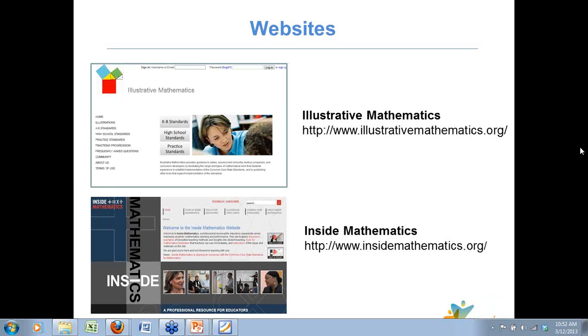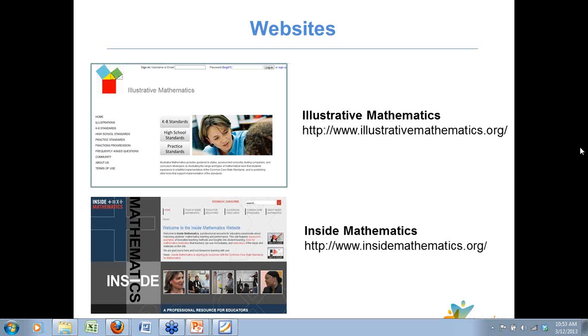In fact, the authors of the Common Core are involved with the website development and upkeep, and they continue to add things. And both of them offer some examples. So if you're charged to look at the different content areas of high school mathematics, like I remember Lisa mentioning we want to get algebra concepts more in, then this is an opportunity to go there and look, and they have illustrations of the standards.